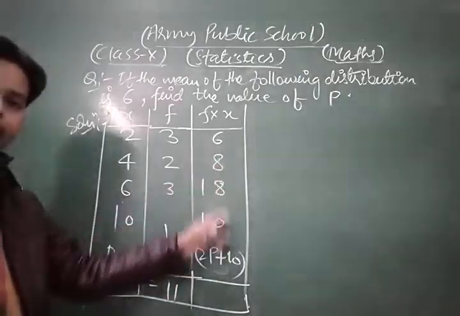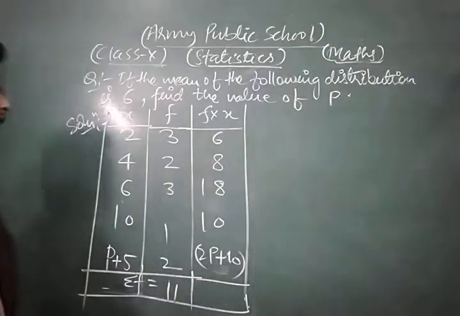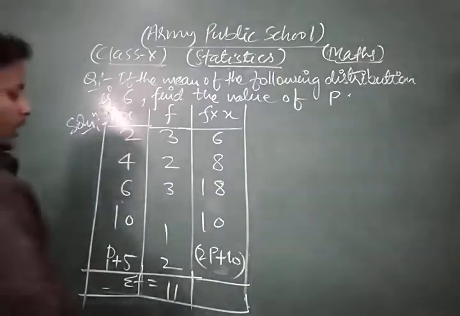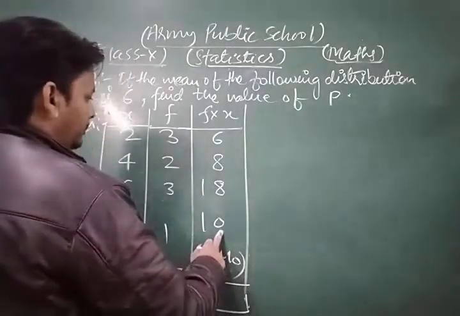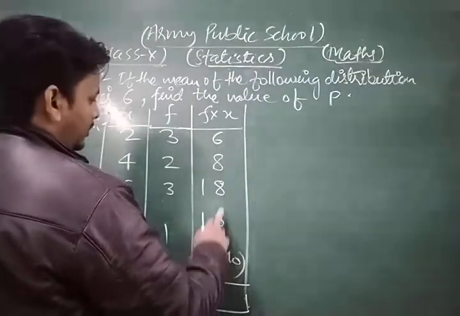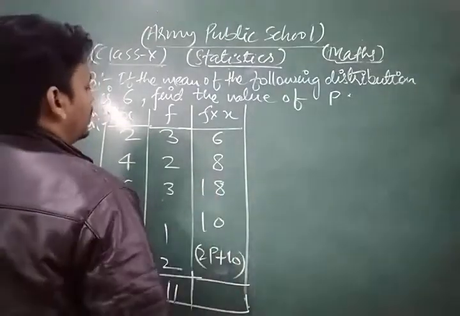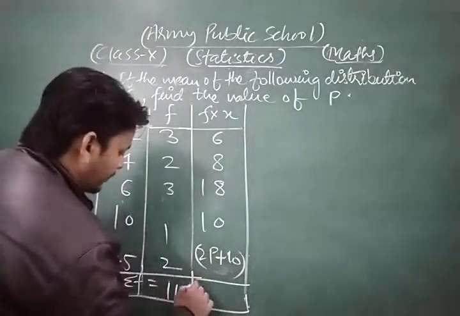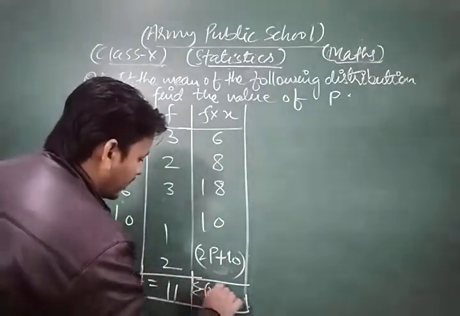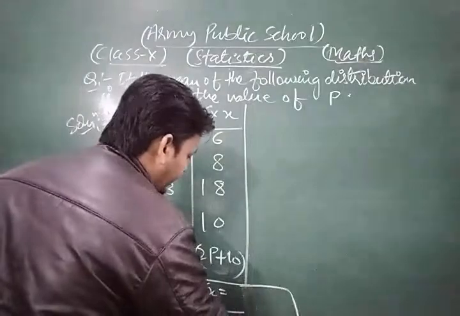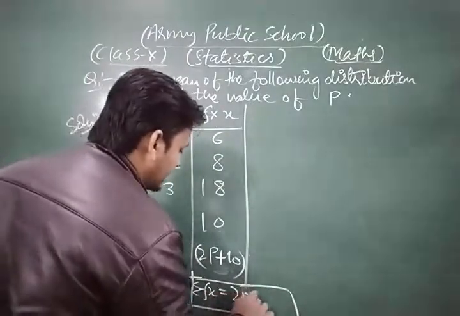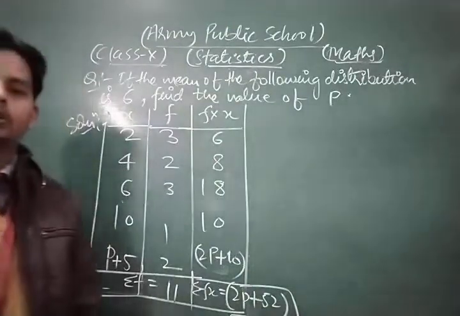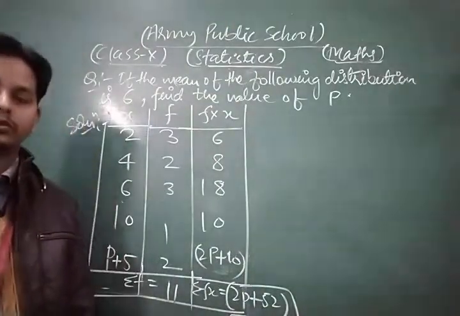Now we add the fx column also, so we get 6 plus 8 plus 18 plus 10 plus 10, that is 52, so 2p plus 52. Sigma fx is 2p plus 52.